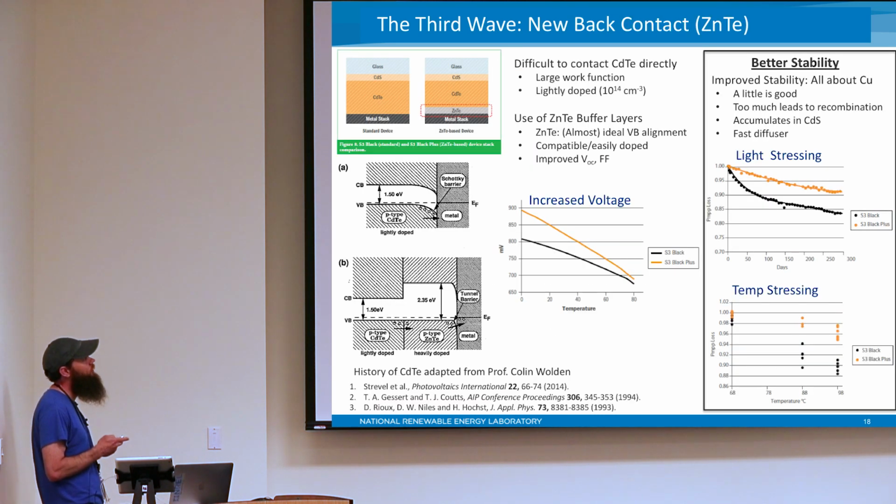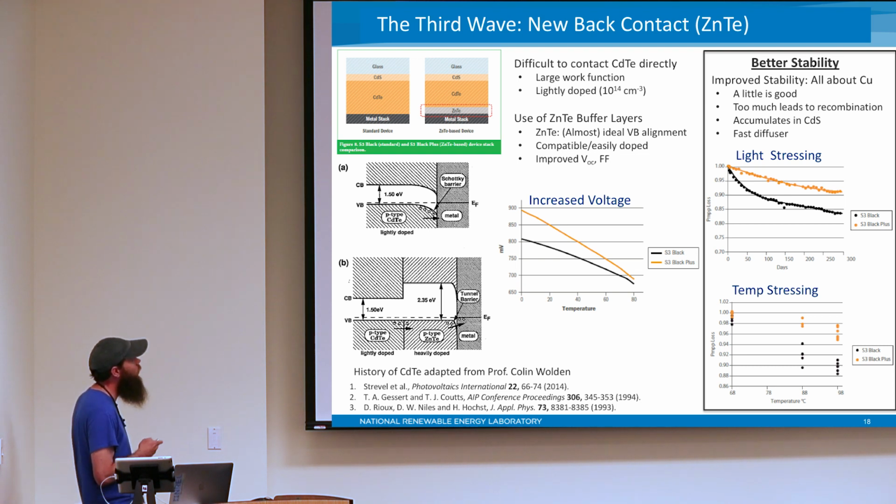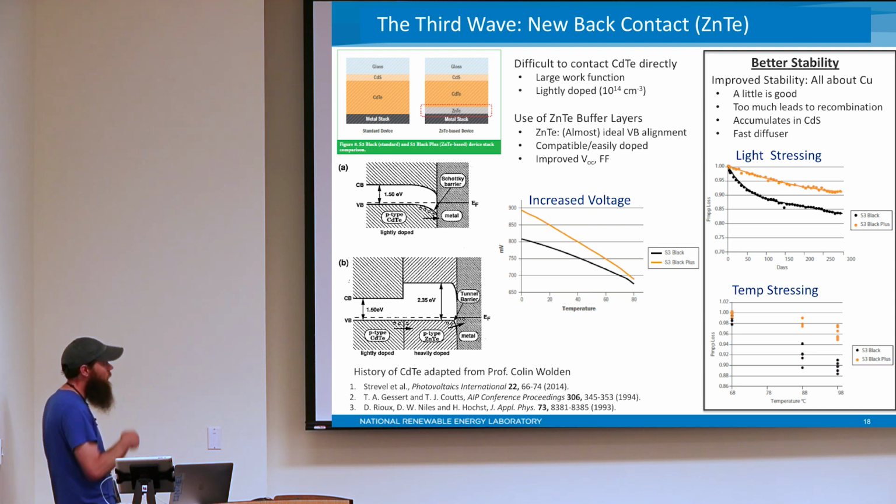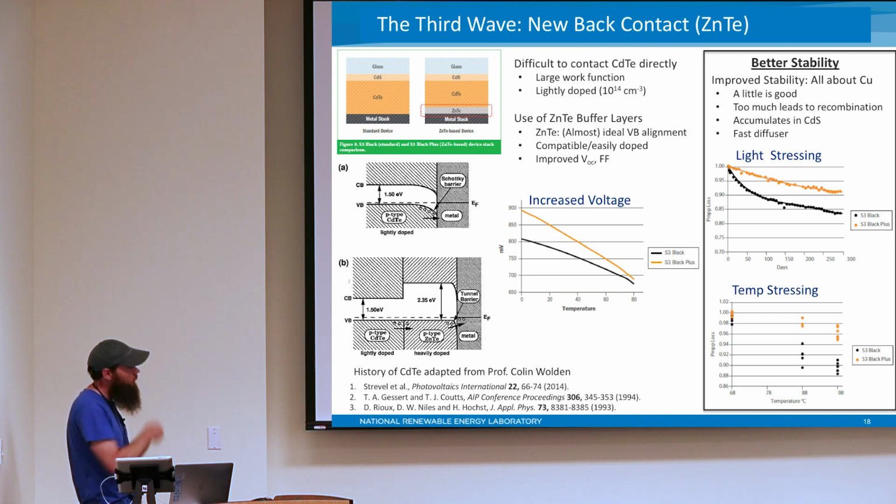So the first one is the introduction of this alternate back contact, where instead of just putting metal directly at the back, there's insertion of a zinc telluride layer. As I mentioned before, the work function of cadmium telluride is very high. The cadmium telluride itself is lightly doped.